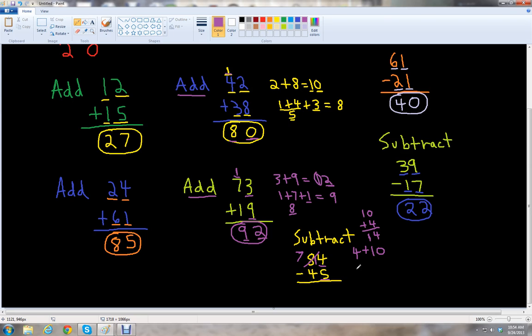So now, since we borrowed 1 ten from 8 to give us the 7 tens, we had to add 10 to 4 to give us 14. So that's how borrowing works. And then 14 take away 5 gives us 9. And then 7 minus 4 is 3.